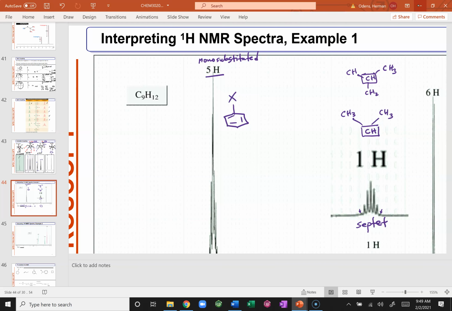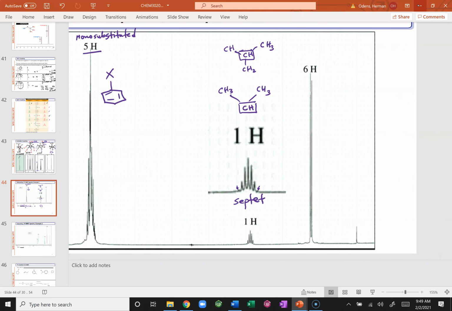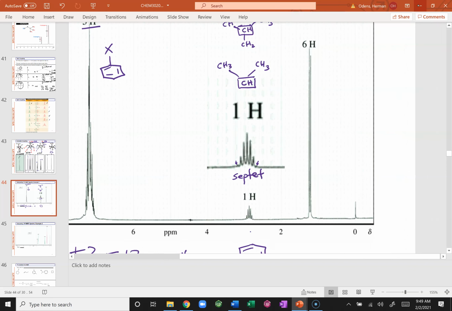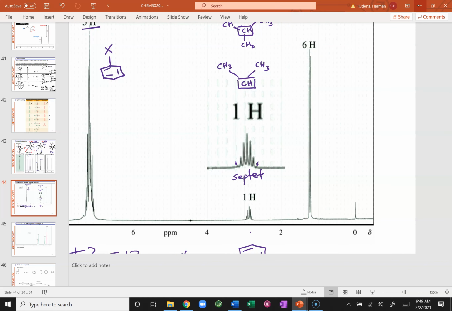All right? Then I'll take a look at my last signal here around 1. Whenever you see 6, that means you are dealing with 2 methyl groups. If you have 12, you're dealing with 4 methyl groups. If you're dealing with 9, then you're dealing with 3 methyl groups.